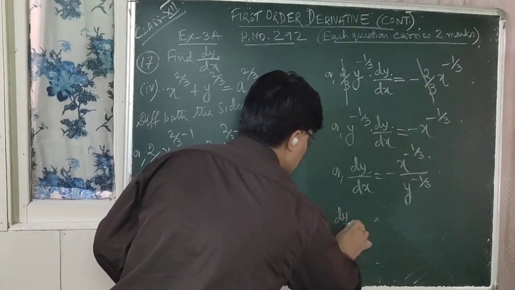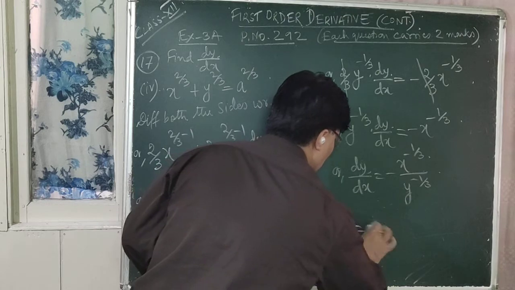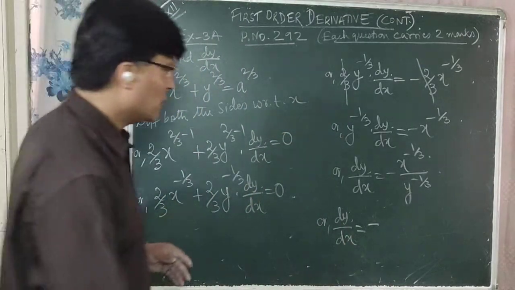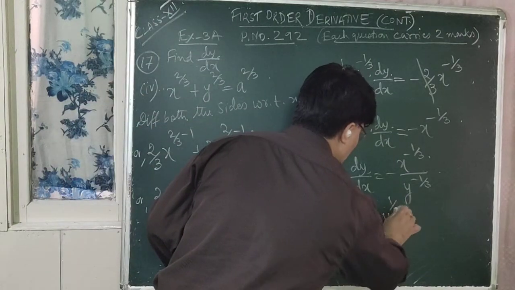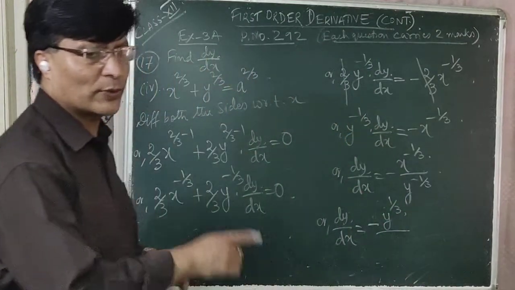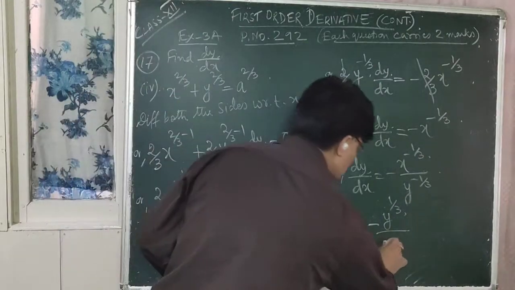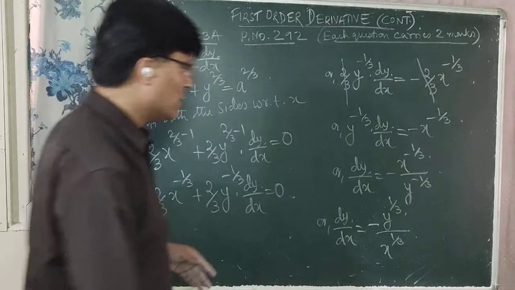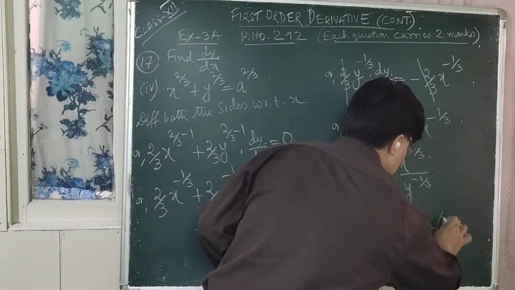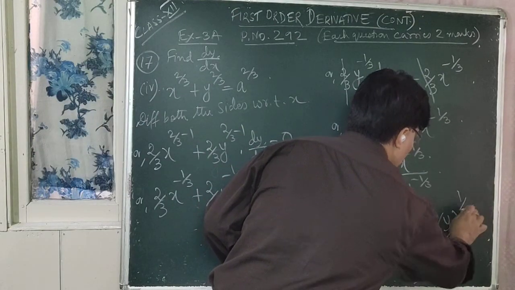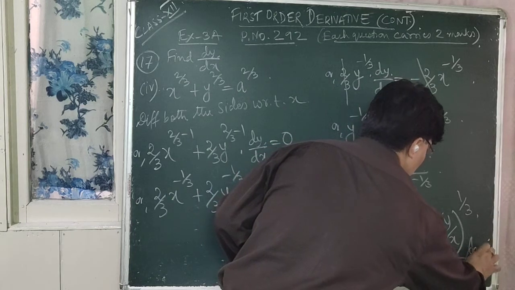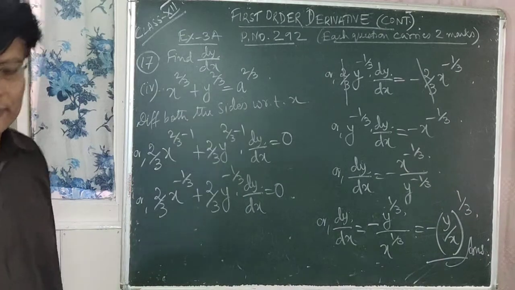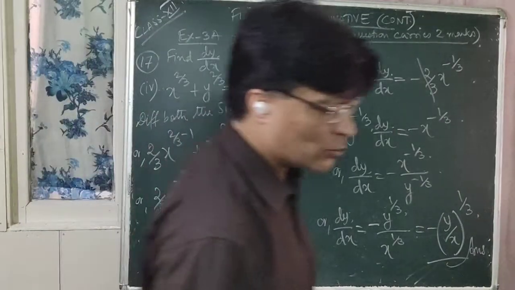Since the power is minus here, you can take that y to the power minus 1/3 to the numerator, so it becomes y to the power plus 1/3, and x to the power minus 1/3 can be taken to the denominator, becomes x to the power 1/3. Since the powers are same here, you can write minus y by x whole to the power 1/3. So this is the final answer. Is it understood now? So you can copy it. We'll do the next one.